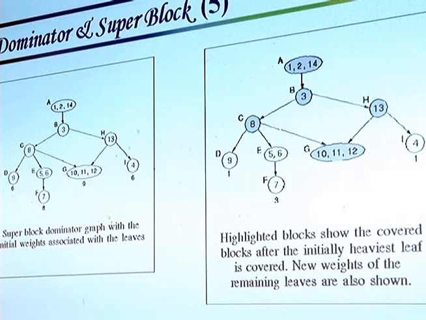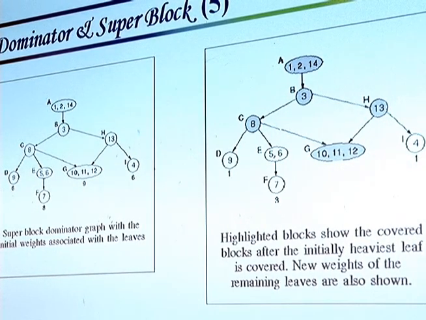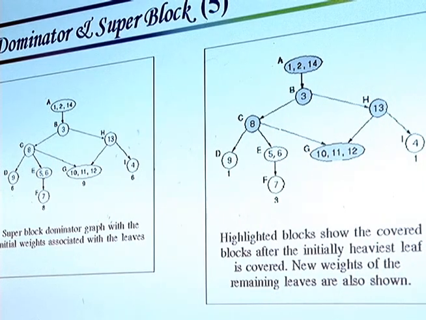Even though it's still the same path, some of them are already covered. So covering them again does not improve your coverage. Therefore, the weight is reduced from 6 to 1.